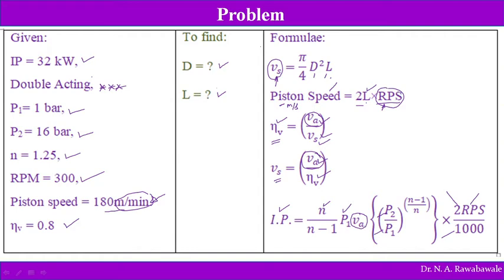Then this VA can be substituted here; volumetric efficiency is given, so swept volume can be obtained. Knowing the piston speed we can find L. L can be substituted here, the unknown will be D, and D can be calculated. So we have to solve this problem from bottom to top.